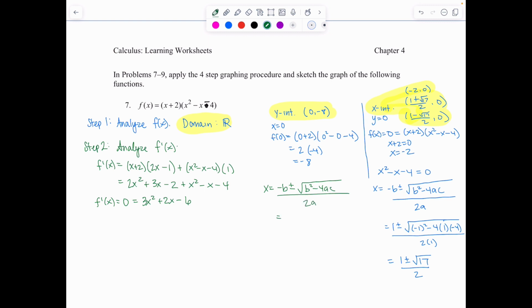We'll have negative 2 plus or minus square root 2 squared minus 4 times 3 times negative 6 over 2 times 3. So we'll have negative 1 plus or minus root 19 over 3.